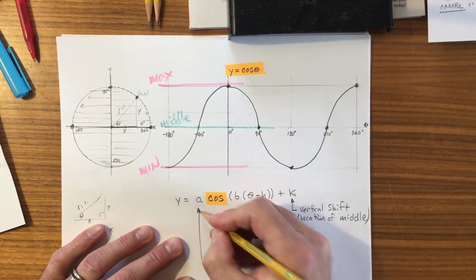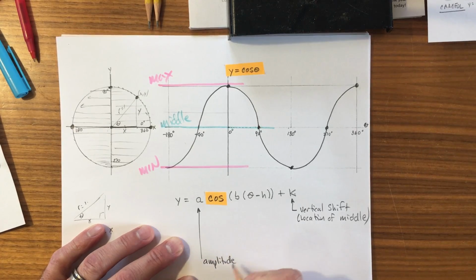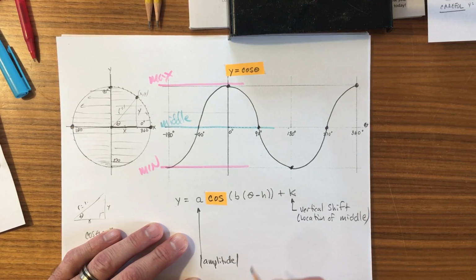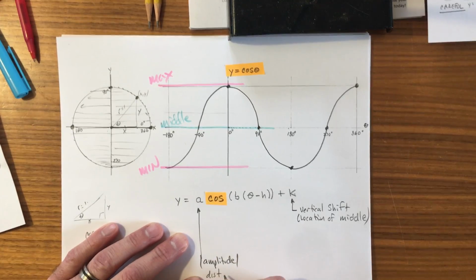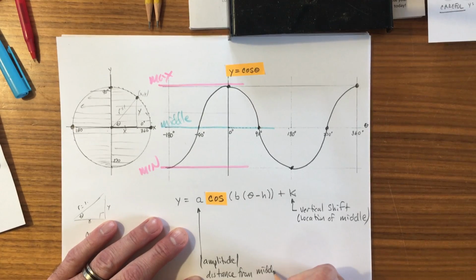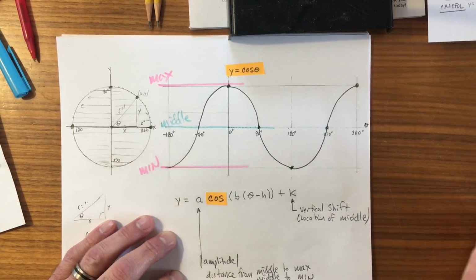This A value is the amplitude, and actually we're going to call it the absolute value of the amplitude, but what it gives you is the distance from middle to max, or middle to min.